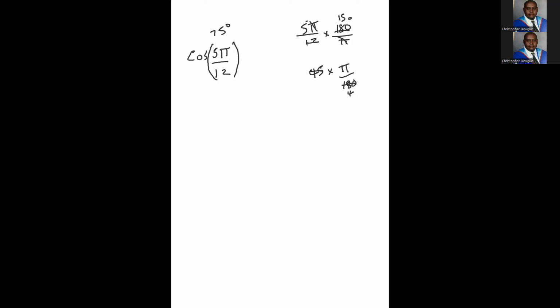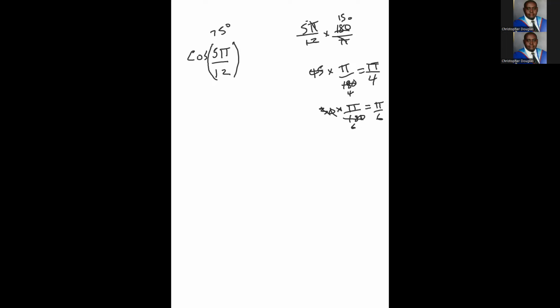So really and truly, 45 is pi over 4. And if I find 30, same thing. 3 into 18 goes 6, the zeros cancel, so it's really pi over 6.